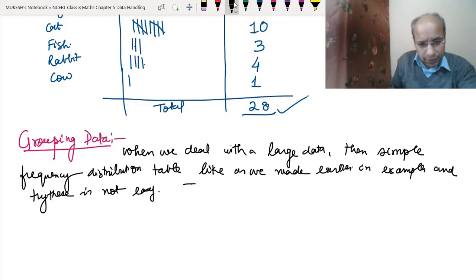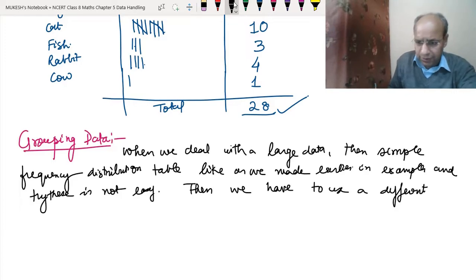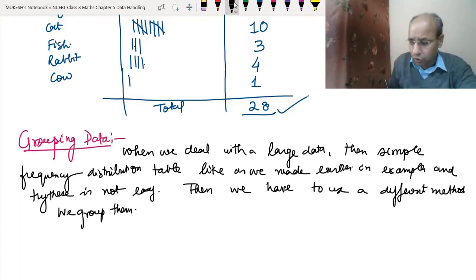Then we have to use a different method. And what is the different method? We group them. So this is used for grouping data.